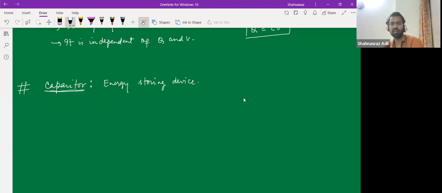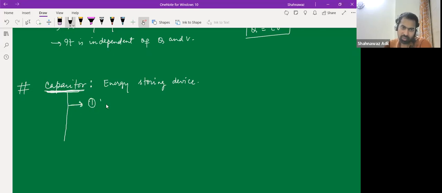Capacitance is a property. Capacitor is a device which uses the property of the capacitance, right? So capacitor is an energy storing device, and there are three kinds of capacitor.